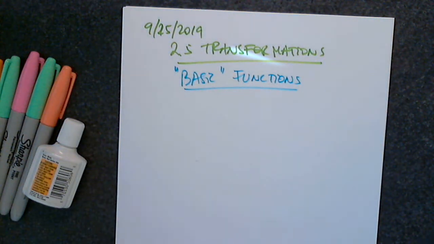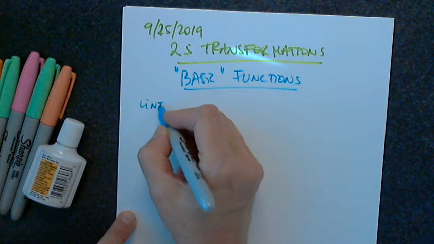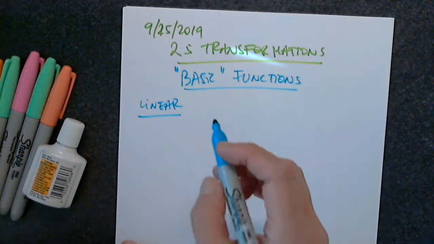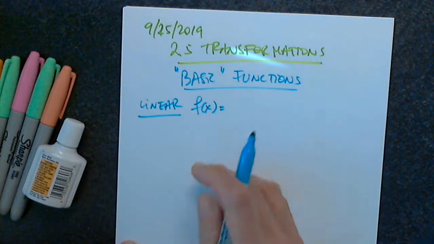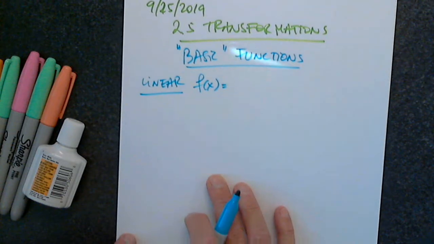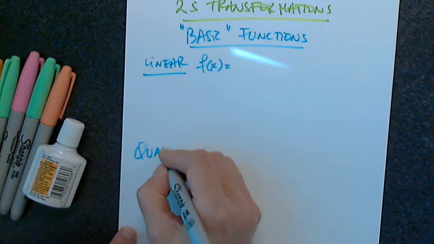Can anyone give us the simplest possible linear function? The simplest one that you can ever think of. Say it again. Equals x squared. That is not linear. Careful. That will be our next.